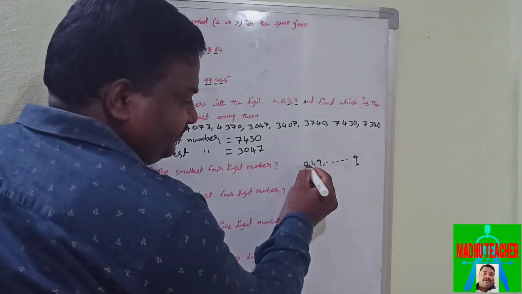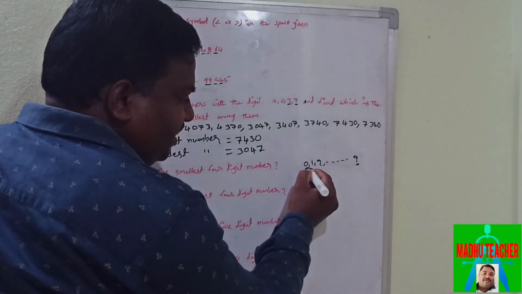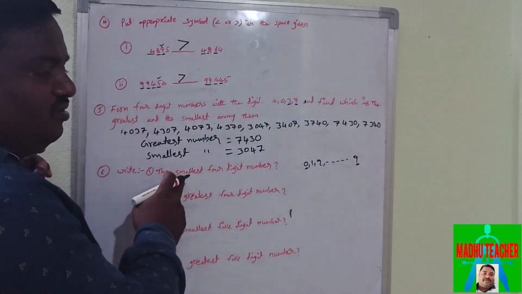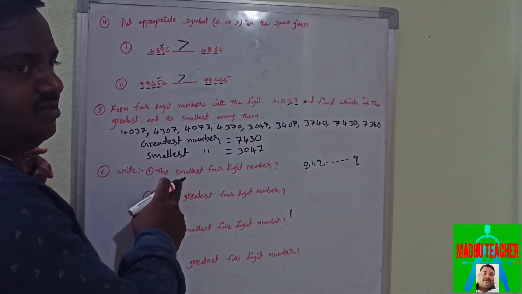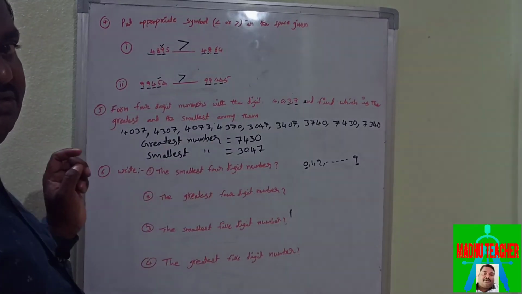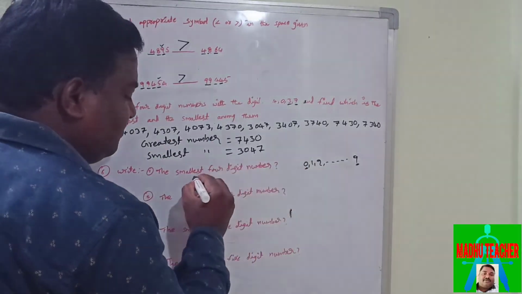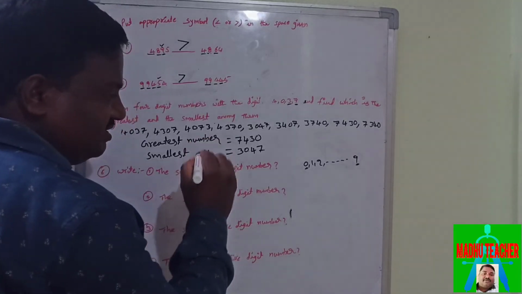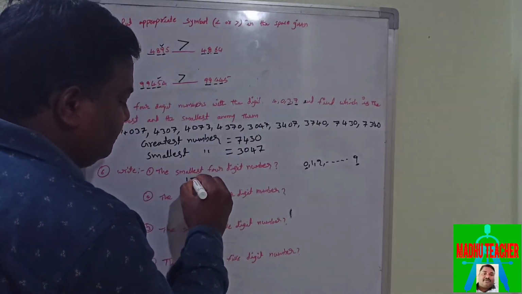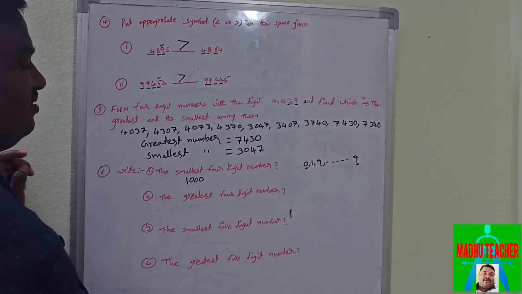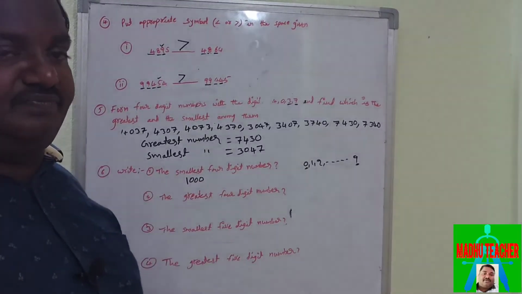So in this, by writing 0 first from left, it will become valueless. So you have to write 1 first. Then you can write the 0s. So this is the smallest 4-digit number.